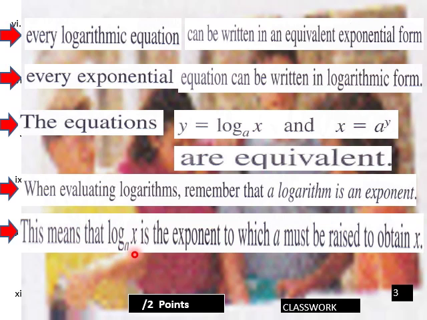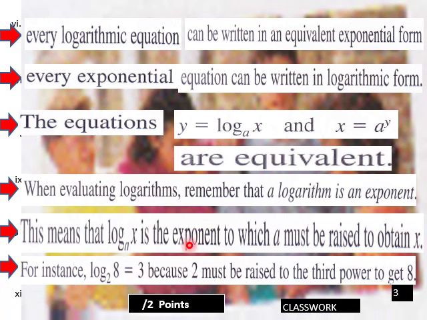This means that log base a of x is the exponent to which a must be raised to obtain x. So log base 2 of 8 equals 3, because 2 must be raised to the third power to get 8. So it's just another way of expressing an exponential expression.